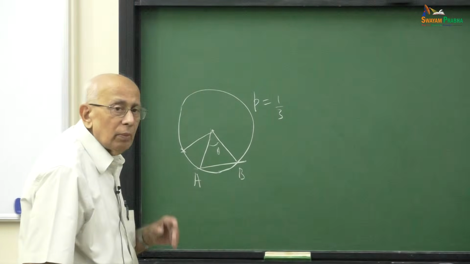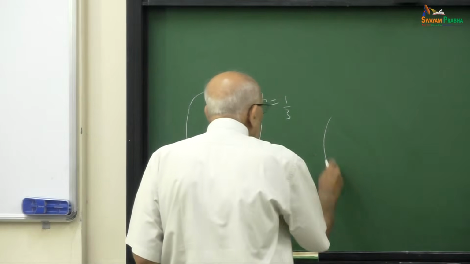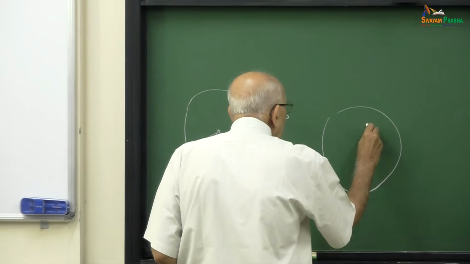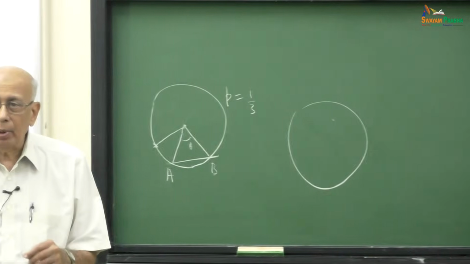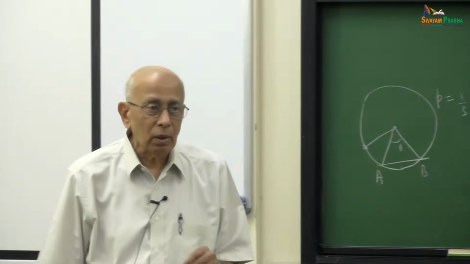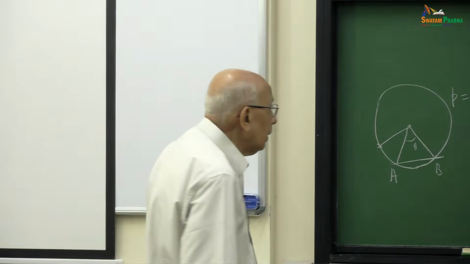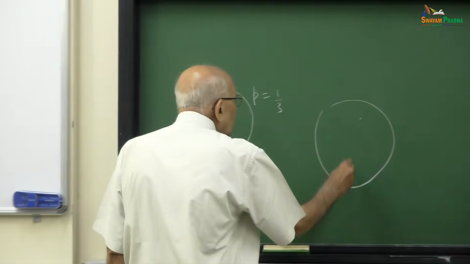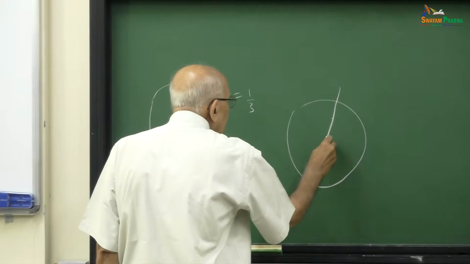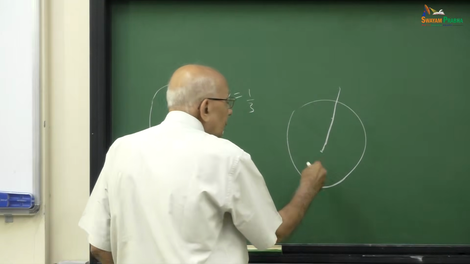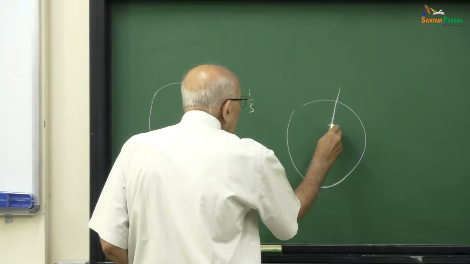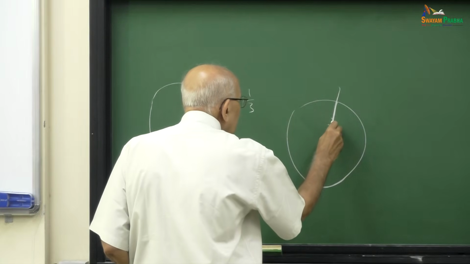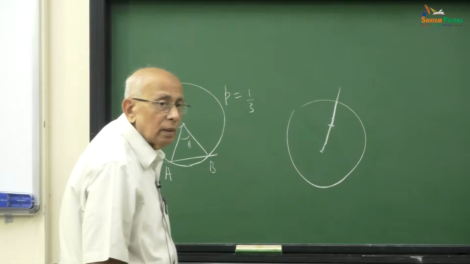But I could equally well argue that if you give me a circle, I choose a point at random here and call it the midpoint of the chord. Choosing the midpoint of the chord uniquely specifies the chord completely. Then it's immediately clear that if you choose this along any radius, doesn't matter which radius it is, then all points which lie in the second half of this radius are going to subtend an angle which is greater.